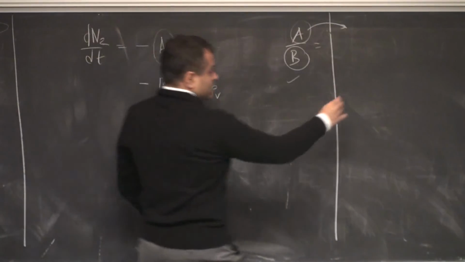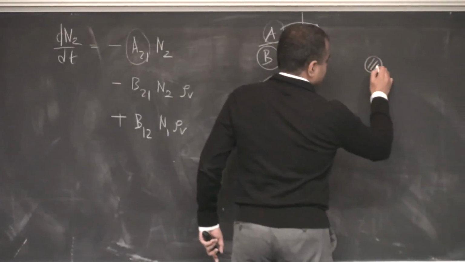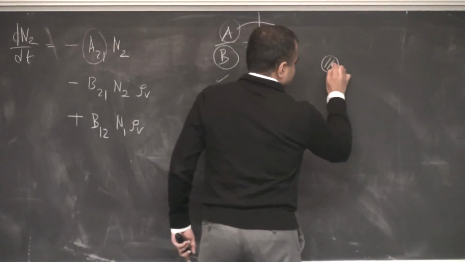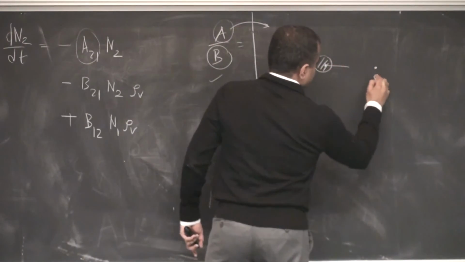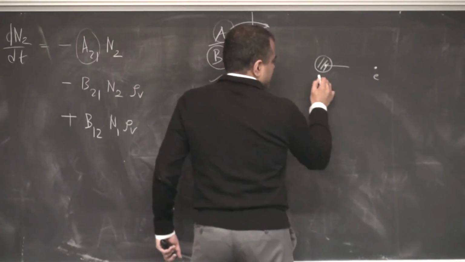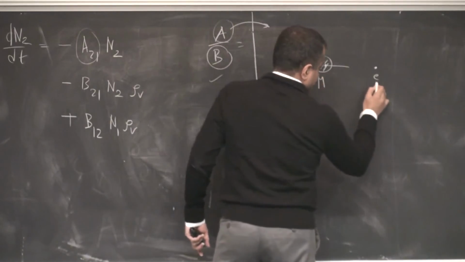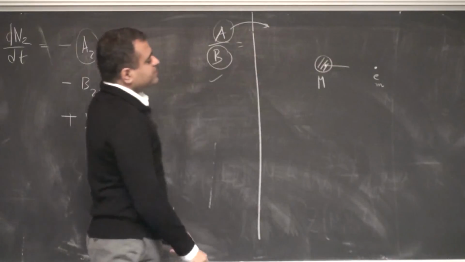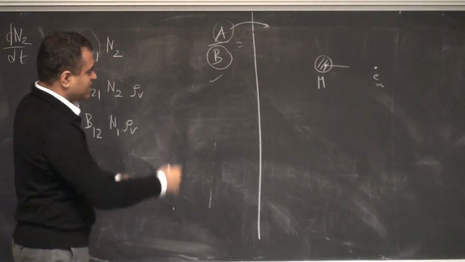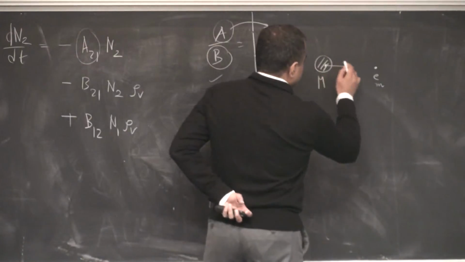The picture is the following. We look at an atom as an electron and a nucleus, and the nucleus has a very heavy mass, the electron has a small mass, and the electron is obviously attracted by Coulomb attraction to the nucleus.